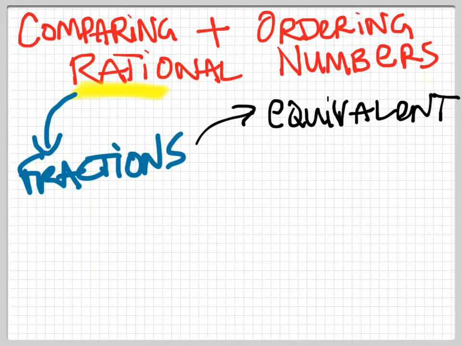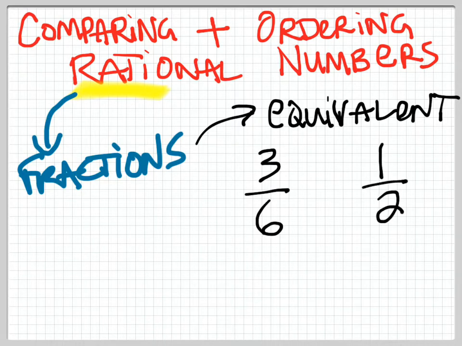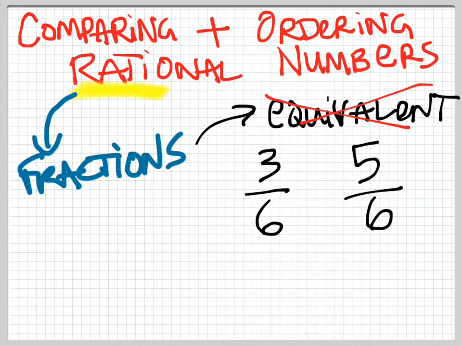An example would be 3/6 has the same value as 1/2, because 3 out of 6 is really half of something. But what if we had two fractions that were not equivalent? What if instead of 3/6 and 1/2 we had 3/6 and, let's say, 5/6?